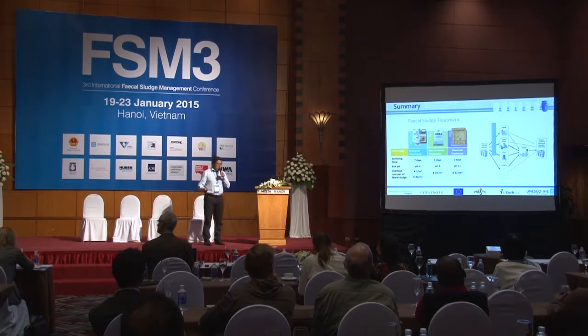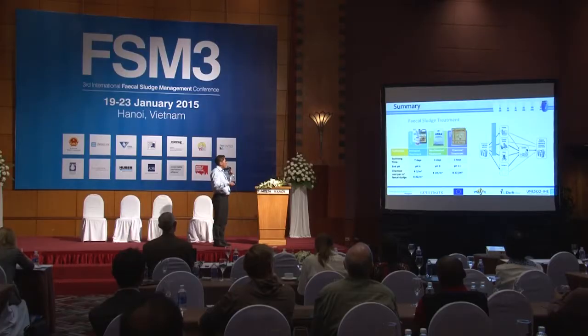Well, summary of these treatment methods. These treatment methods are able to sanitize fecal sludge. Of course, lime is faster. In 1 hour we can have it free of pathogens, but urea takes 4 days and lactic acid takes 7 days.